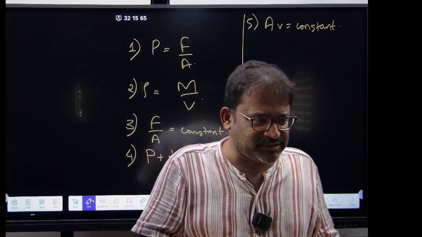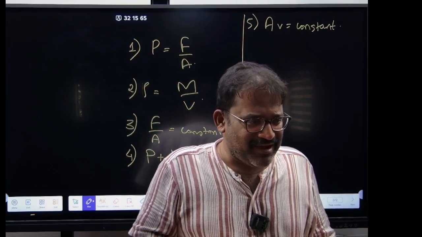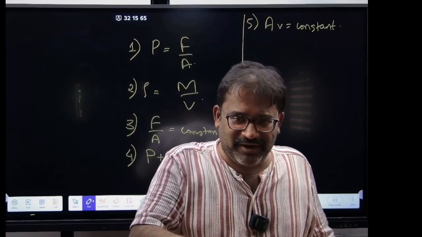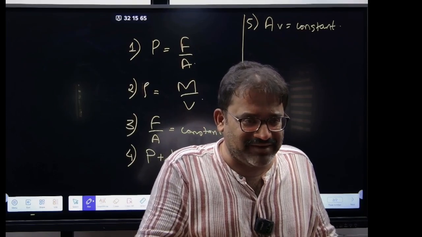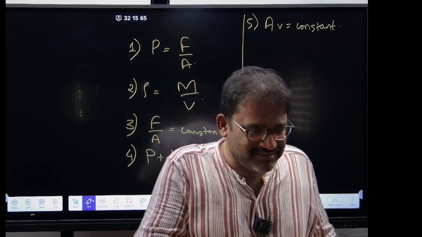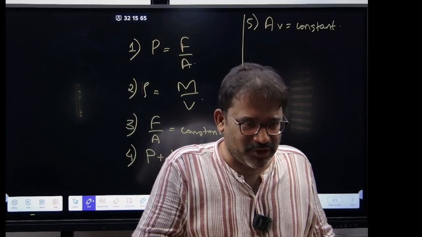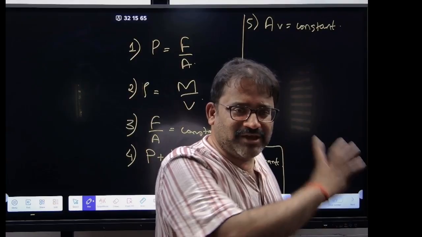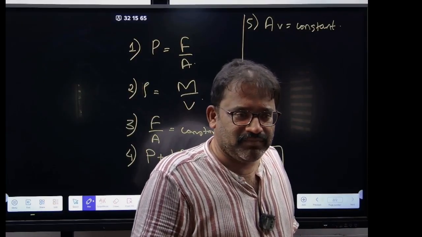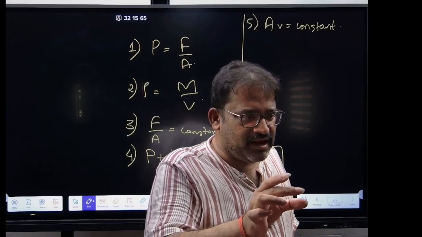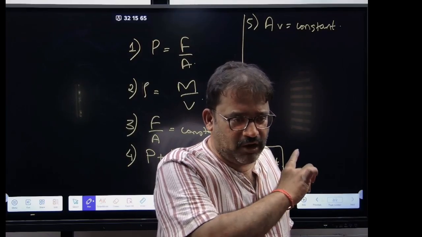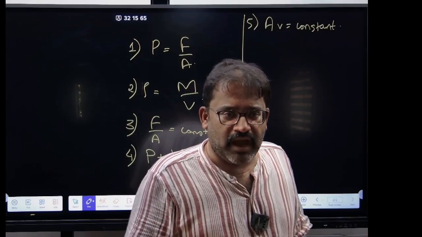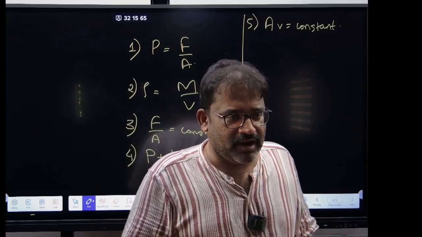Ever had that type of mischief? Maybe you have, maybe you have not. That is because of the equation of continuity. That means when area decreases, the velocity of the fluid increases, and vice versa. Are you understanding?